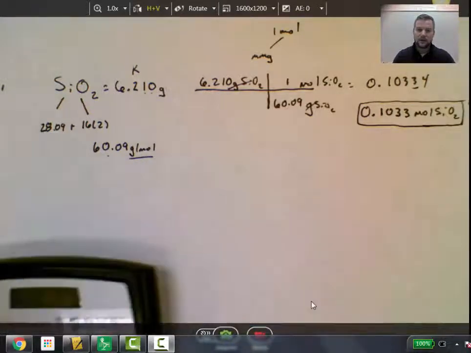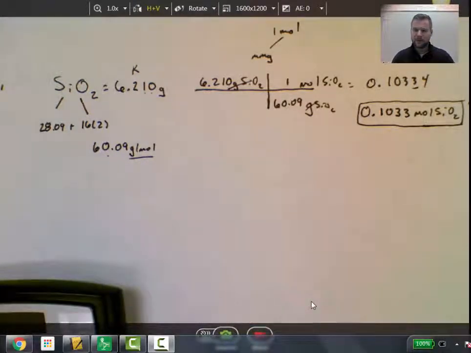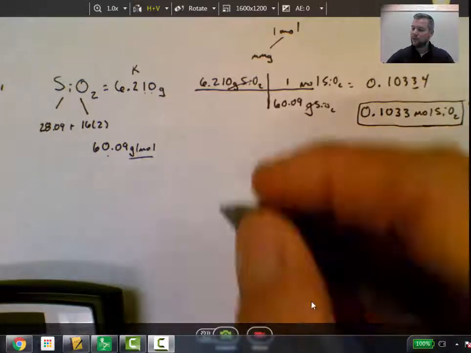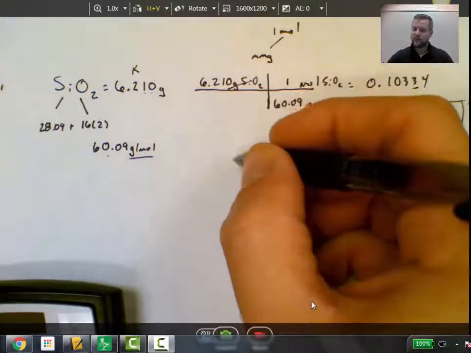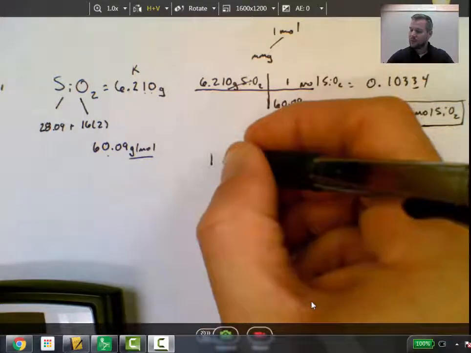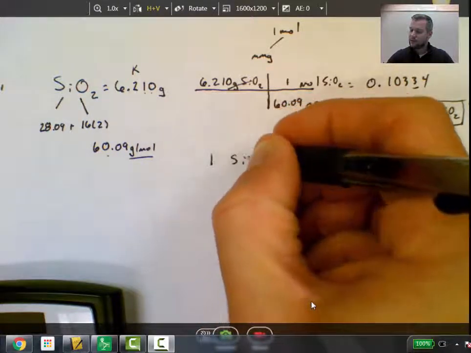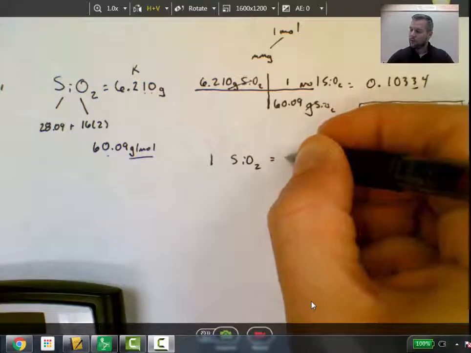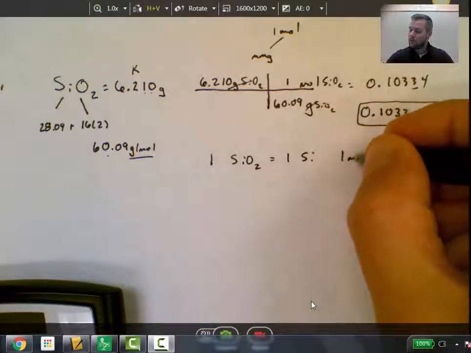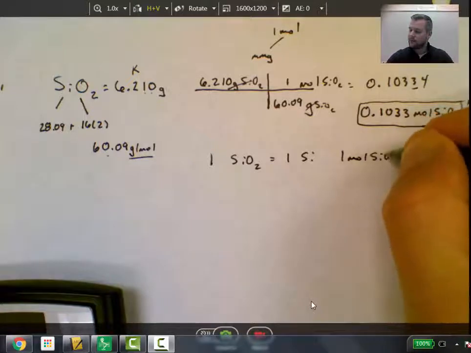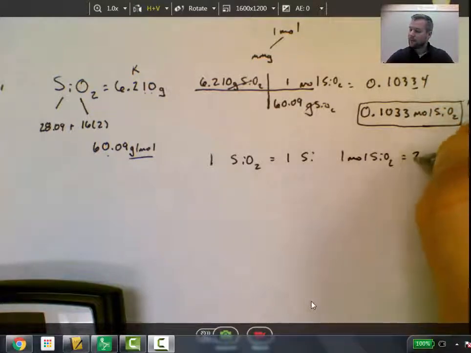The next column asks you how many moles of each element. So looking at this formula, I have a container basically that holds elements. So for every one of those containers, I have 1 Si, which means that for every 1 mole of that container, I have 1 mole of Si.